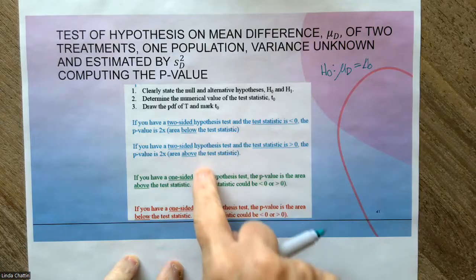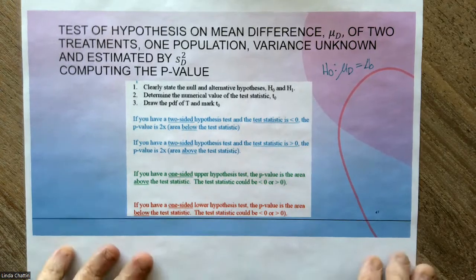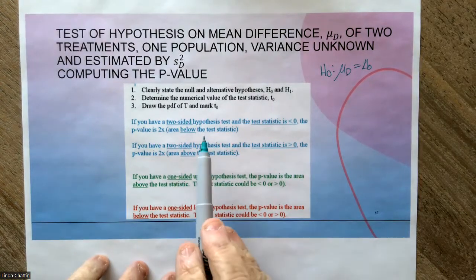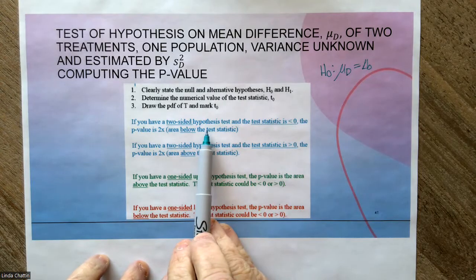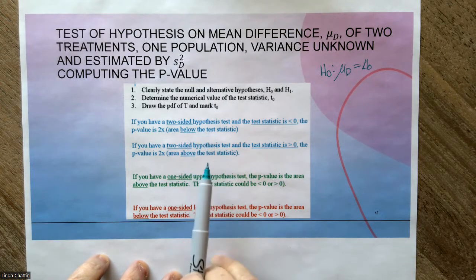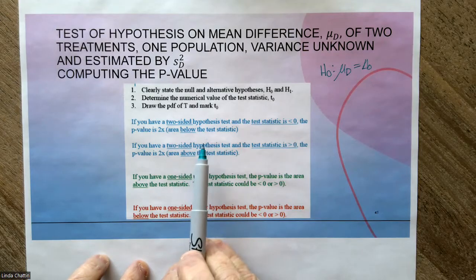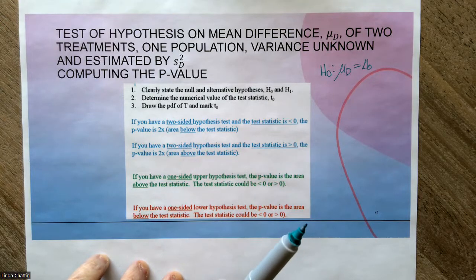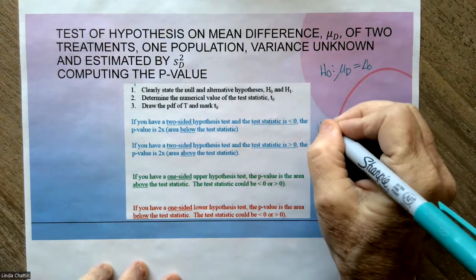And if it's a two-sided hypothesis test, then this is how you get the p-value. If the test statistic is positive, it's twice the area above the test statistic under the t-PDF. If the test statistic is negative, it's twice the area below the test statistic under the t-PDF.